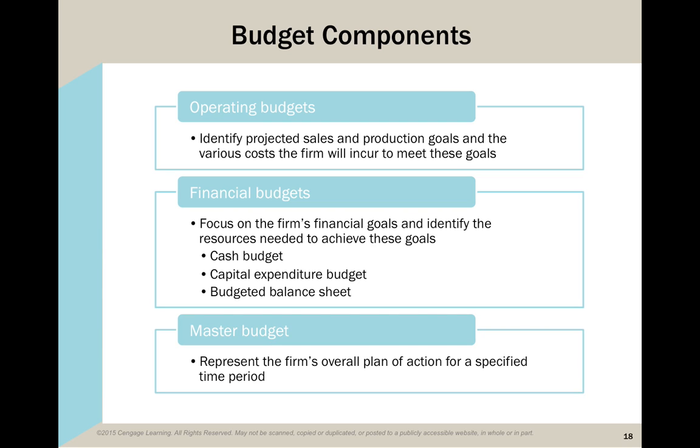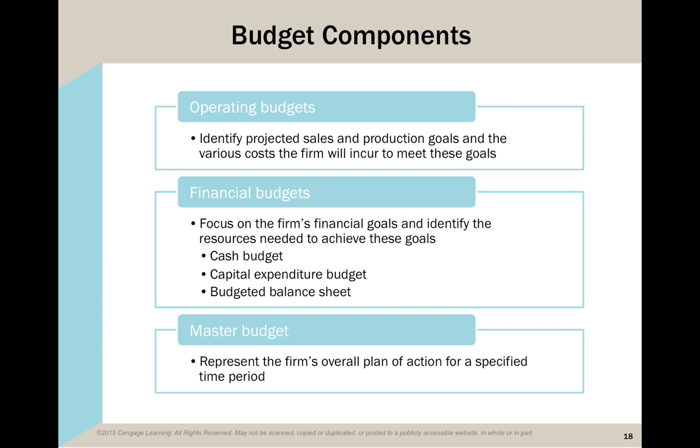Now, parts of a budget, we have the operating budget, which is your projected sales and production goals and how much it will cost the firm to meet these goals. You have financial budgets that focus on the firm's financial goals and identify resources needed to get these goals. So under this particular area, you have your cash budget, you have your capital expenditure budget, which is maybe the purchase of new equipment, and then your budgeted balance sheet.